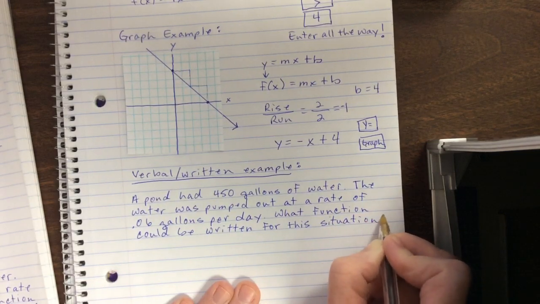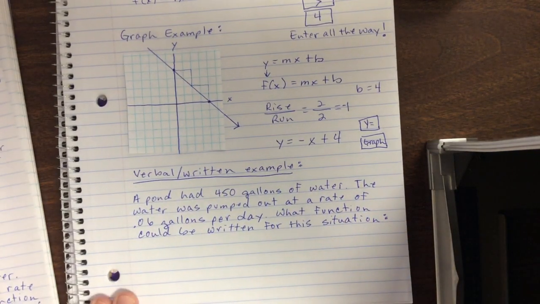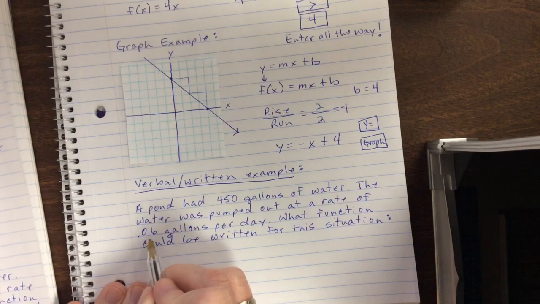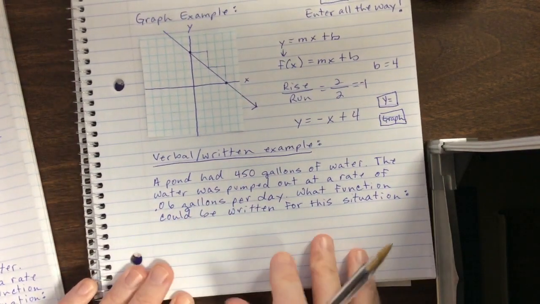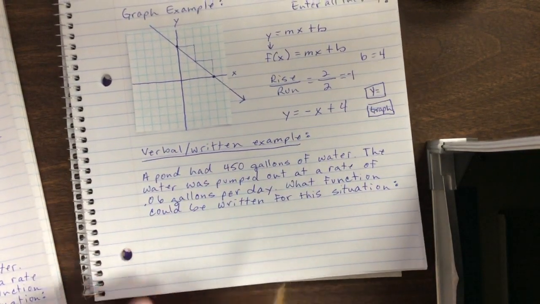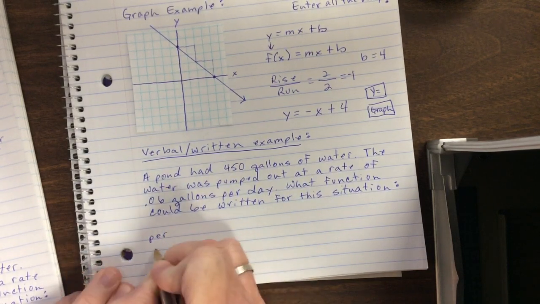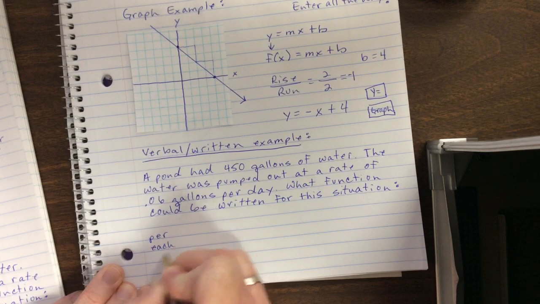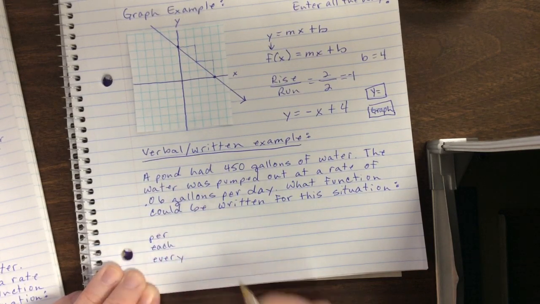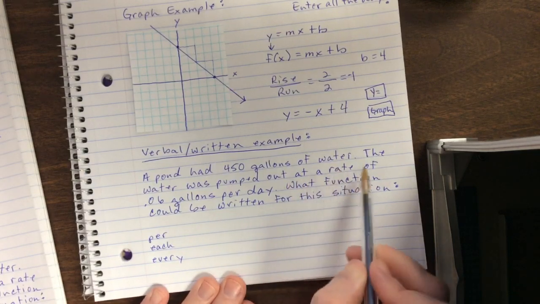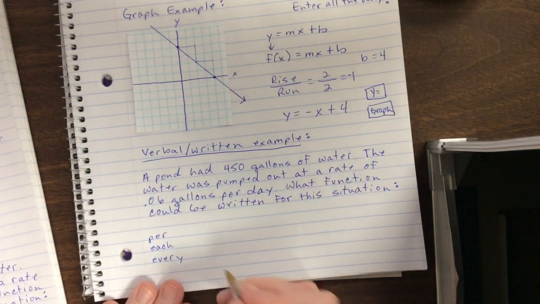Okay, so let's see what we could do. We know our slope is most likely next to words like per, each, and every. And they tell us that it is pumped out at a rate of 0.06 gallons.